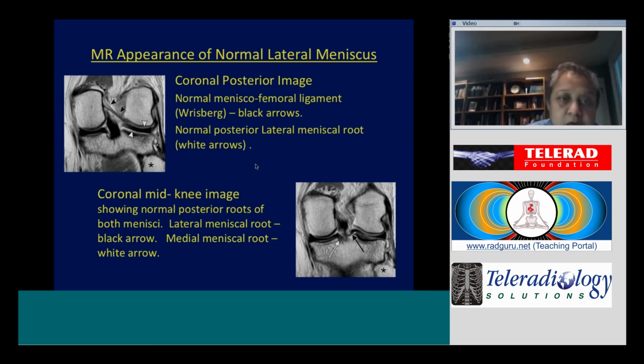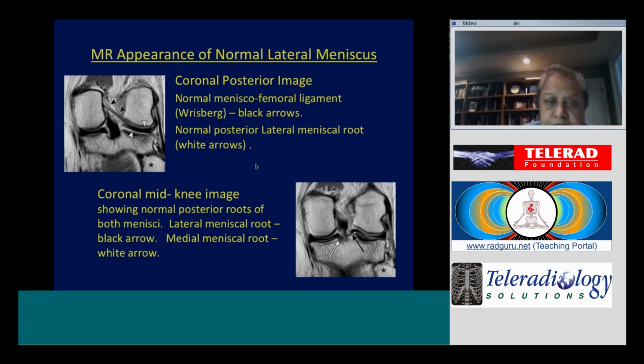You may see a discontinuity on this image, but it's not a real tear, because if there was a real tear, fluid in the joint would flow between the Wrisberg ligament and the posterior root, and you will know that this is disrupted.